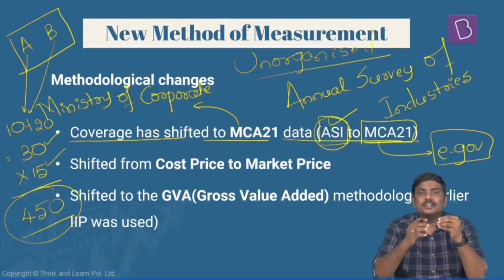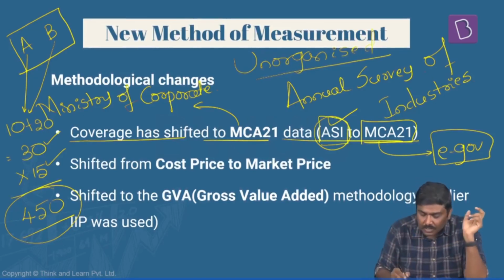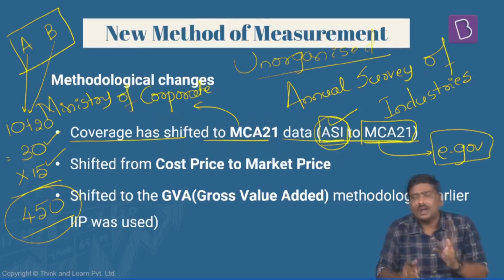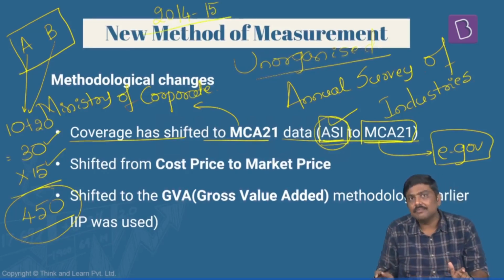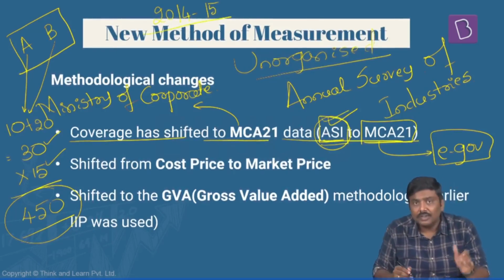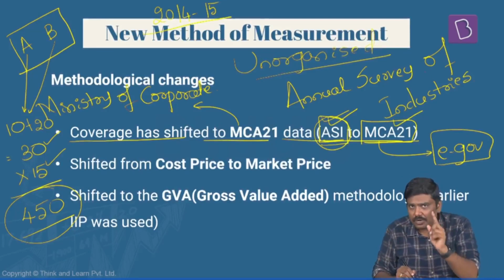So earlier, the production data from the companies was taken from ASI. Under the new methodology introduced post 2014 in India, rather than taking the production data from ASI, we have shifted to the MCA 21 production database. That's the first very important change.